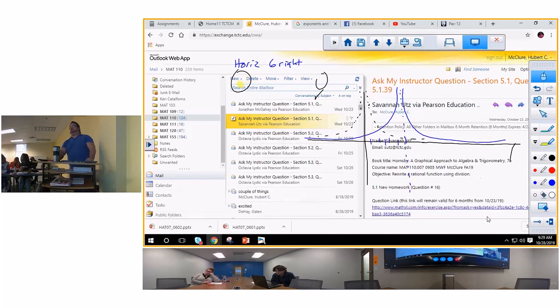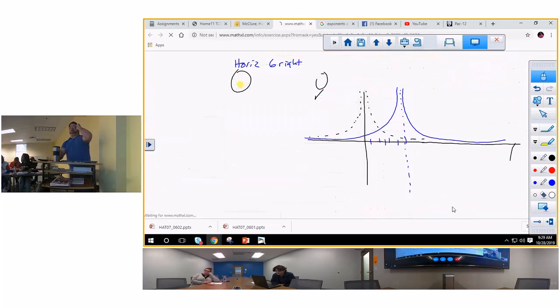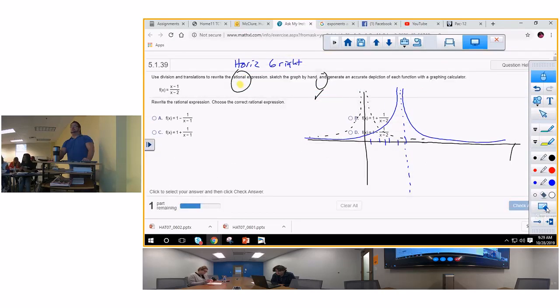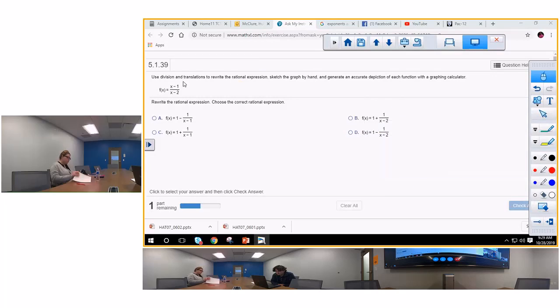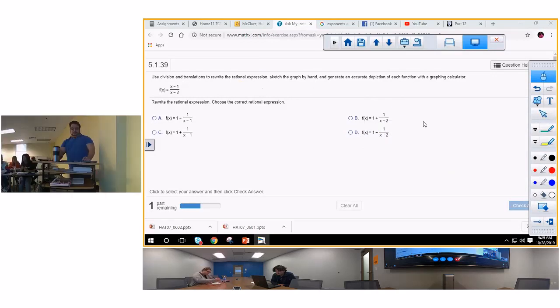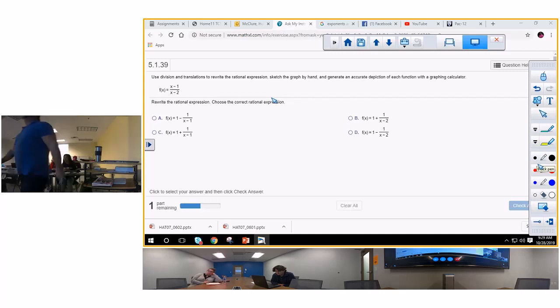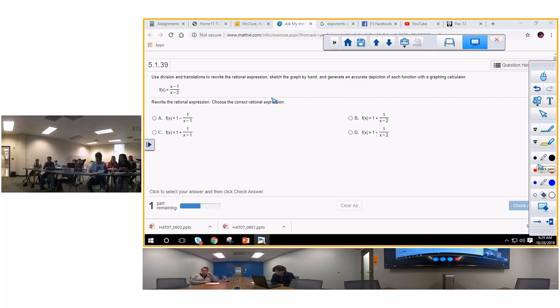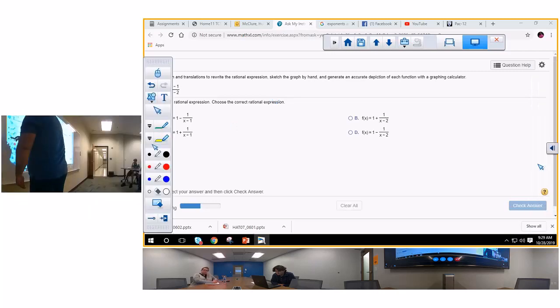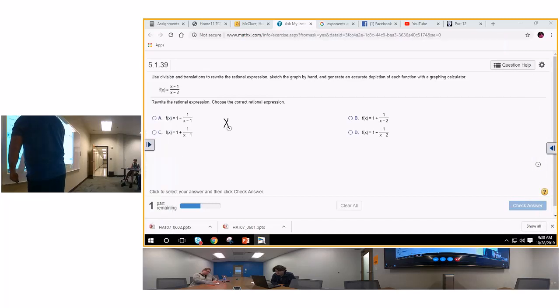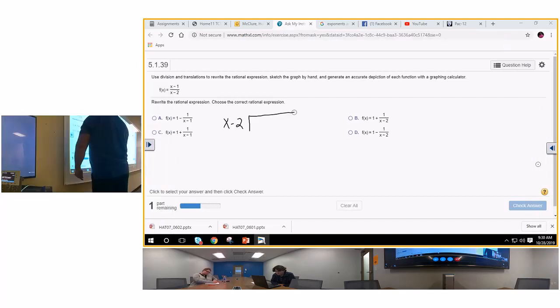This one is number 16. Use division. Yes, this is a test question. So let's use division. So x minus 2 into x minus 1.